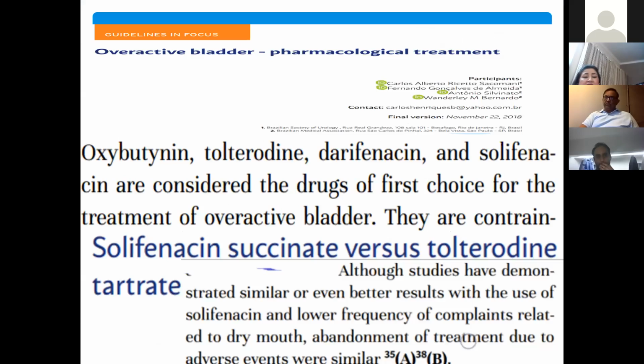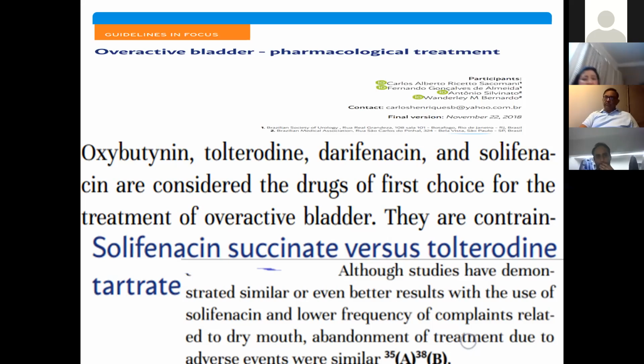What if this first line of treatment doesn't work? When I started my fellowship in 2003 to 2004, we had oxybutynin, tolterodine, and later came the slow release tolterodine 8 milligram and the patches, and now recently we have darifenacin and solifenacin. These are the drugs of first choice for the treatment of overactive bladder.